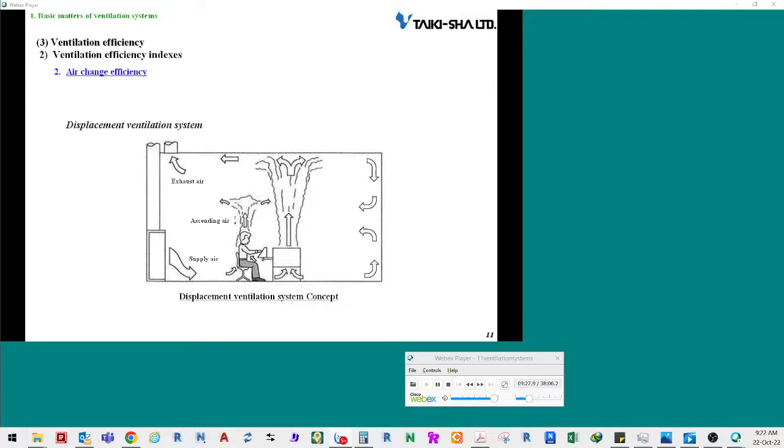It is like a combination of a natural ventilation system and a mechanical ventilation system. As shown on the slide, when the air at a temperature lower than the room temperature is supplied from the level of the floor, the air is heated by heating elements in the room. As a result, updraft is generated.